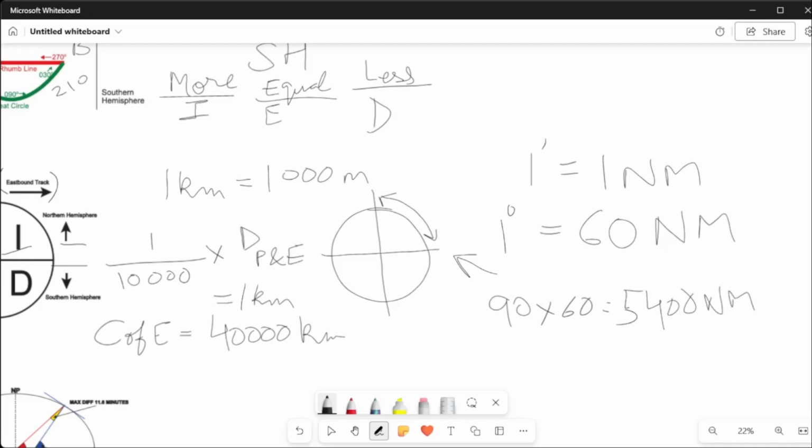Similarly, the circumference of Earth will again be 4 times this, that is 21,600 nautical miles, and half the circumference would be 10,800.